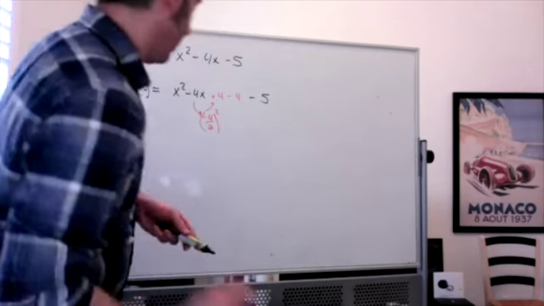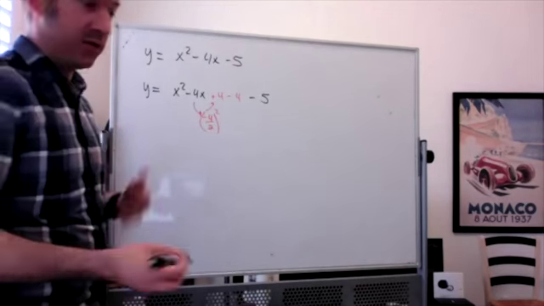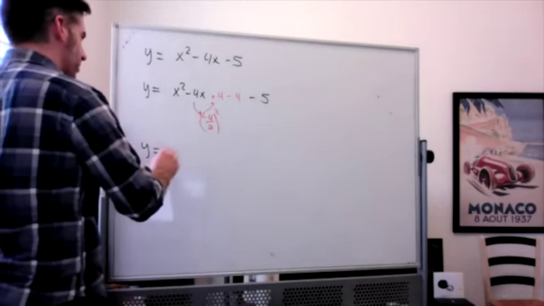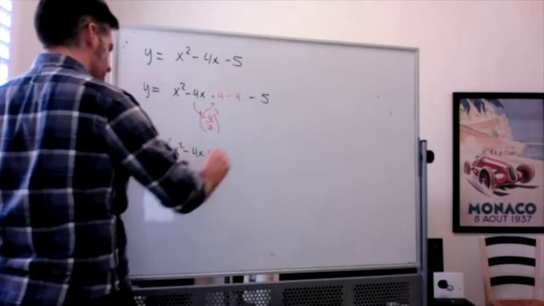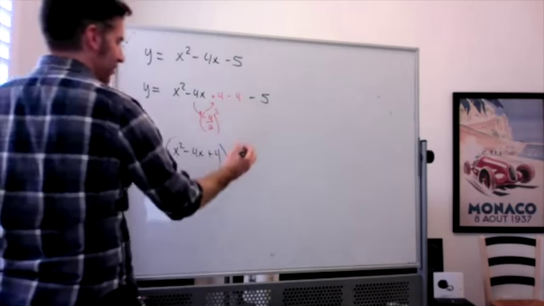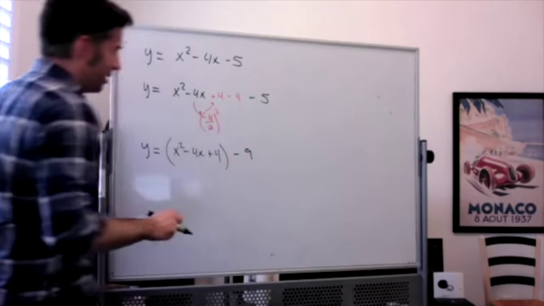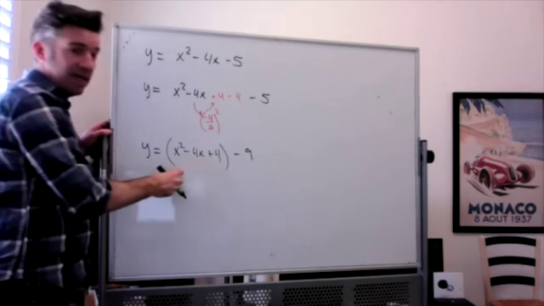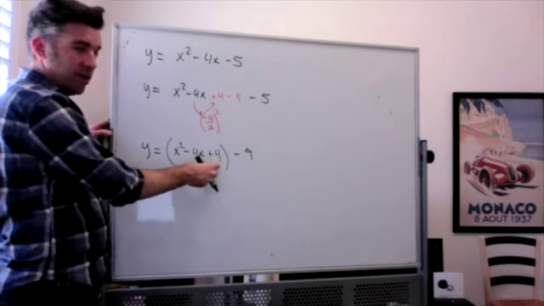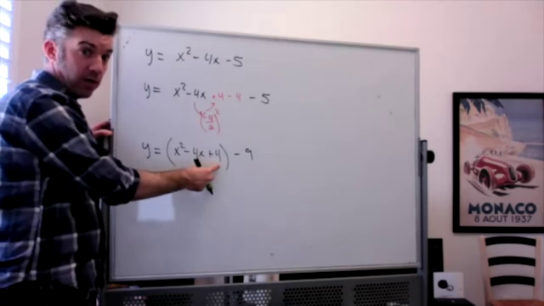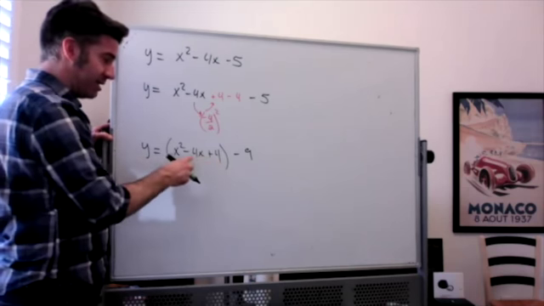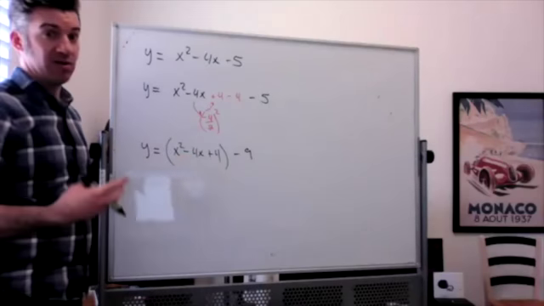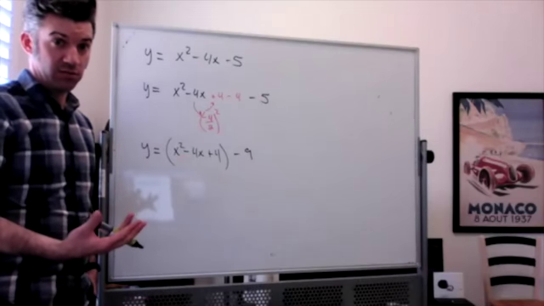So here's what I've got, which is still the same equation, just written differently. I've got y equal to x squared minus 4x plus 4, and then minus 4 minus 5 is minus 9. Now the reason I've done this is because this can be factored as some quantity squared. If I'm looking for numbers that multiply to 4 and add up to negative 4, those numbers are negative 2 and negative 2.